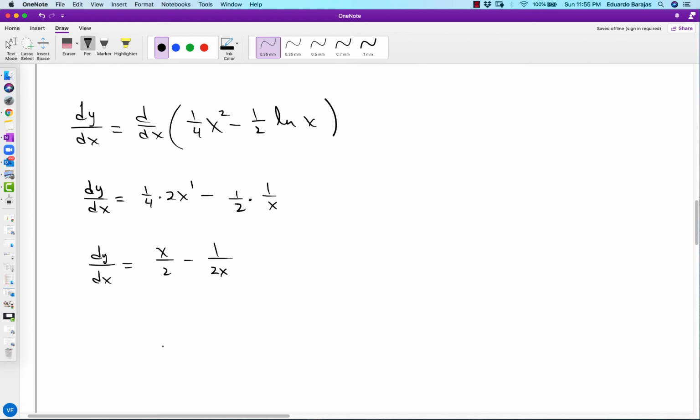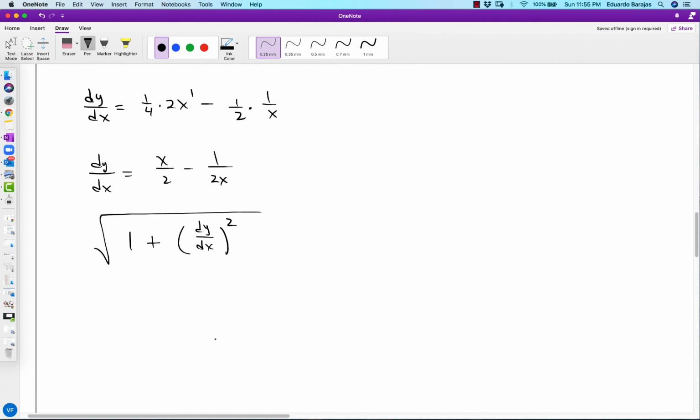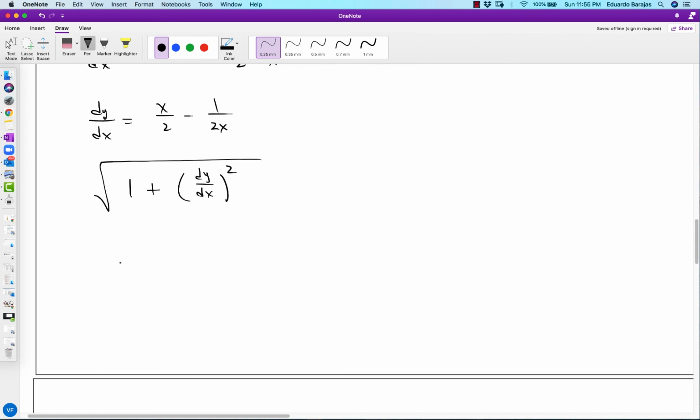Next, we want to think about the 1 plus dy dx squared. And I know all of that is going to go inside this root. So let's think about what that looks like. That's going to be 1 plus x over 2 minus 1 over 2x, all of that gets squared, and inside that radical.